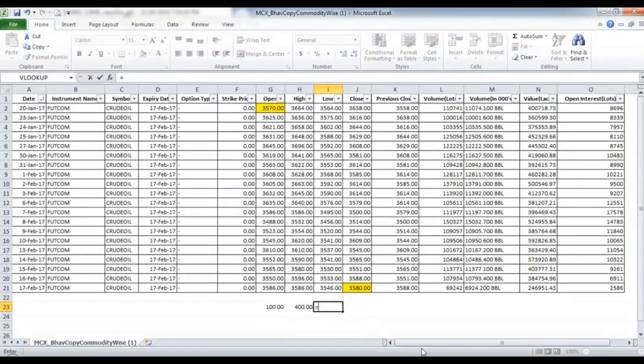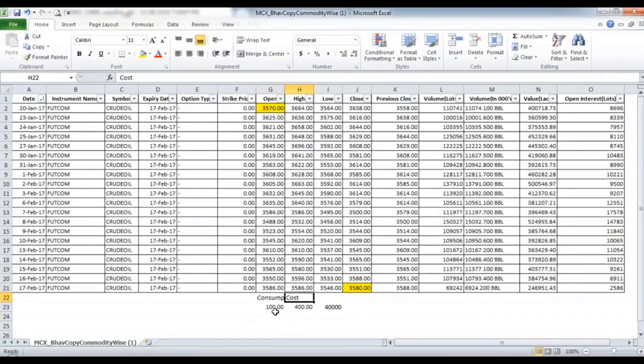Then how much are they spending? 100 into 400, correct? Yes, 40,000 rupees. Now this 100 barrels is nothing but consumption, and this 40,000 is nothing but cost. So this is consumption and this is cost.